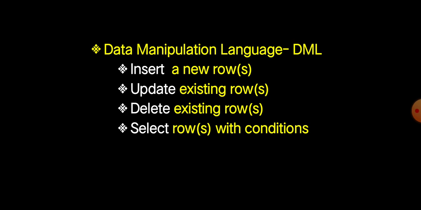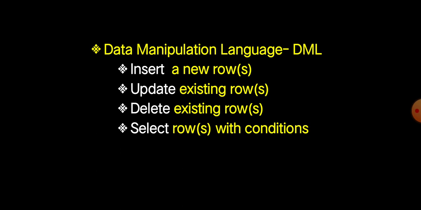Coming to the next processing capability, that is data manipulation language, abbreviated as DML. While we are thinking about DML, the only thing that has to strike your mind is rows or records.